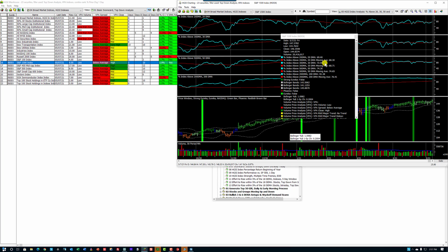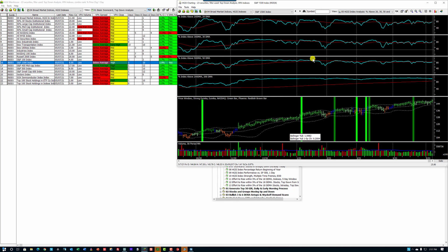Almost 70% above the 20, 72.59 above the 30, 74.36 above the 50, and 91.38 above the 200-day moving average. So there's absolutely nothing weak about this index.